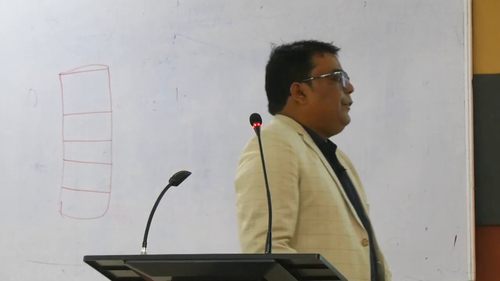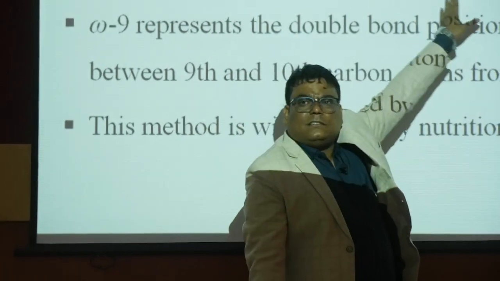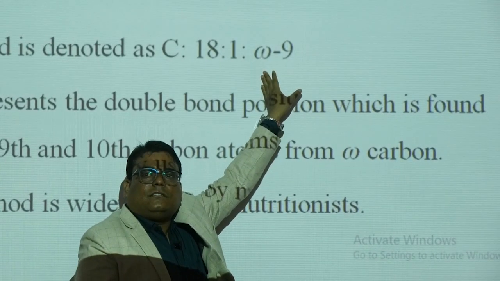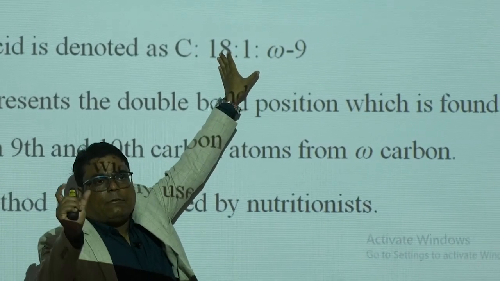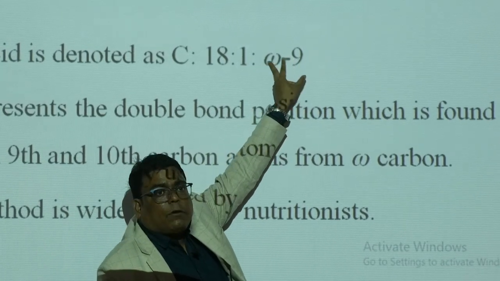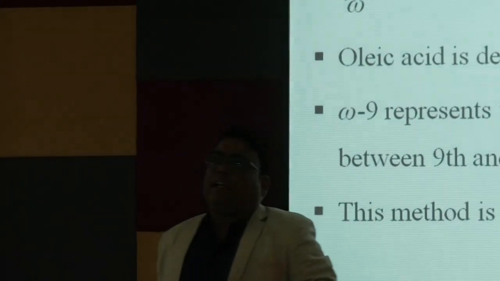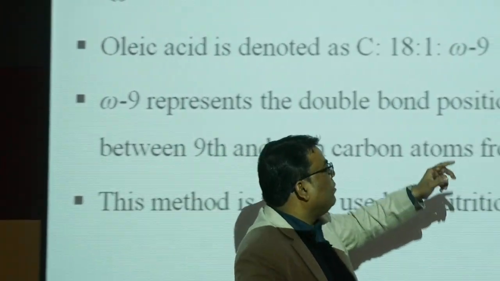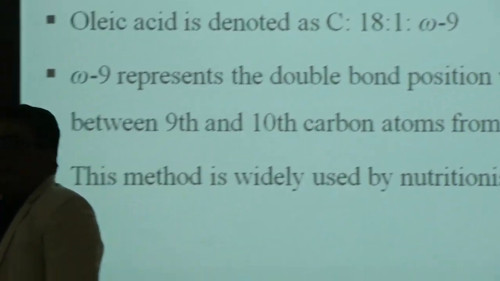This method is widely used by nutritionists. It means an 18 carbon fatty acid chain with a double bond counted from the omega carbon, the last terminal carbon, and its position is 9. This is the way of representation.